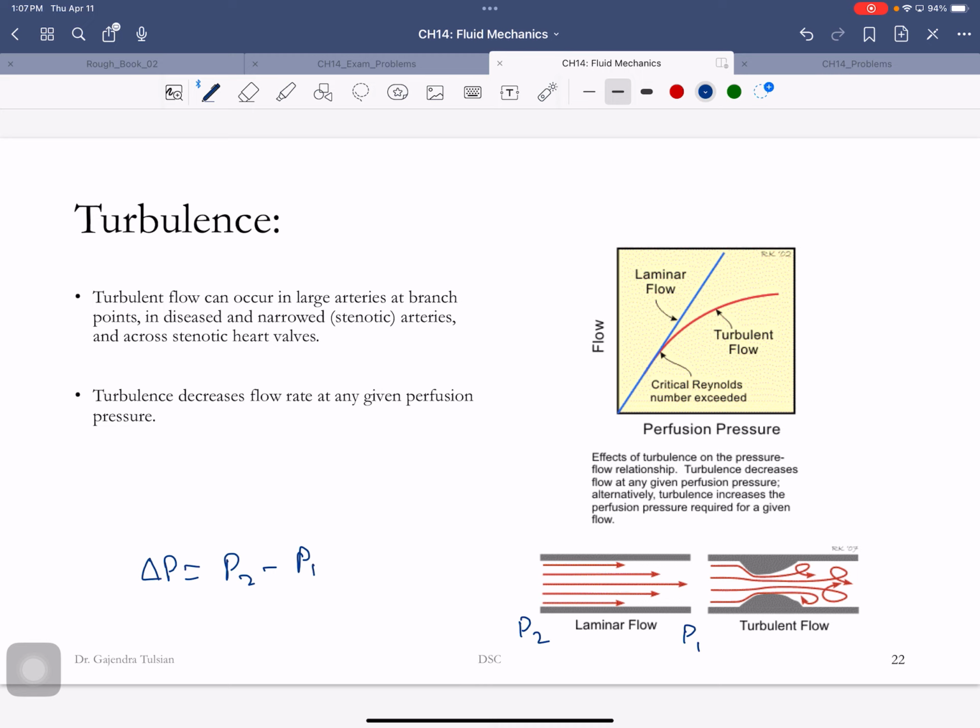To maintain a certain flow rate, this pressure difference is less than this pressure difference for the same flow rate. So it's costing you more.